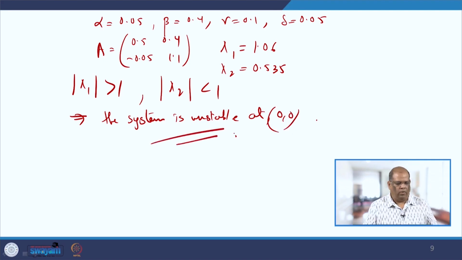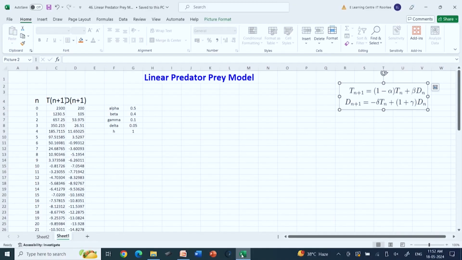Now, let us look into the numerical solution using Microsoft Excel. We just see whether our analytical result matches with the numerical one. So, I open the Excel sheet.